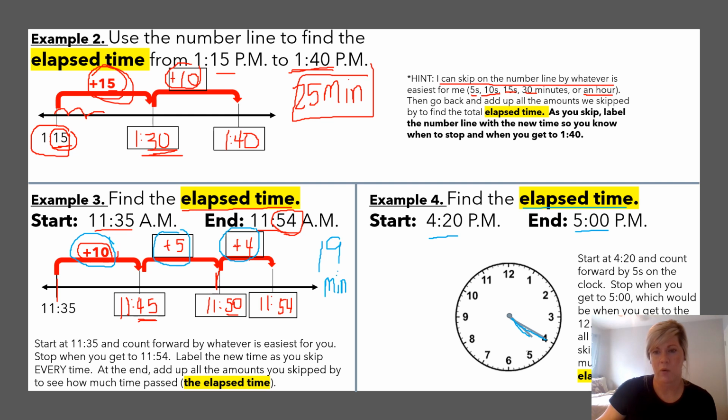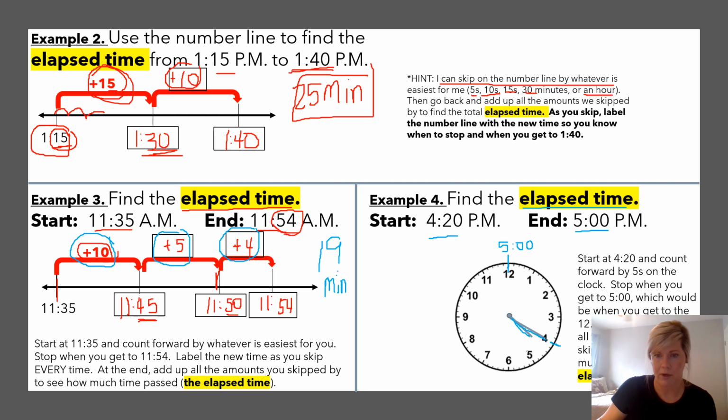So I want to skip around the clock until I get to 5 o'clock. Well, you could go ahead and start skipping and know that when you get to the 12, that's when you're going to have a new hour. So right here at the 12 is where we need to stop because that's when it's going to change to 5 o'clock. Now we're going to skip by 5s.